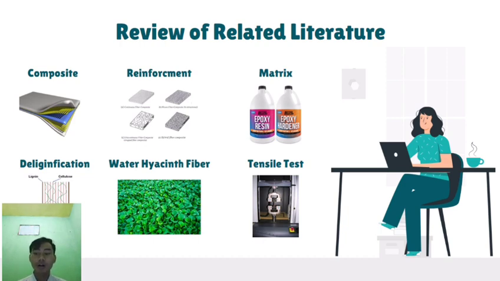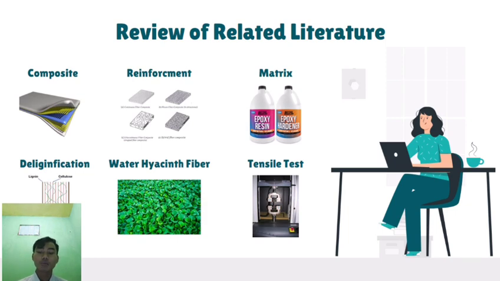Reinforcement serves as the amplifier that withstands the load. It has less ductile properties, but it is more rigid and stronger. Reinforcement can use fibers and powders. Matrix is a composite material that acts as the reinforcement binder, so the strength of the composite material depends on the strength of the forming matrix.